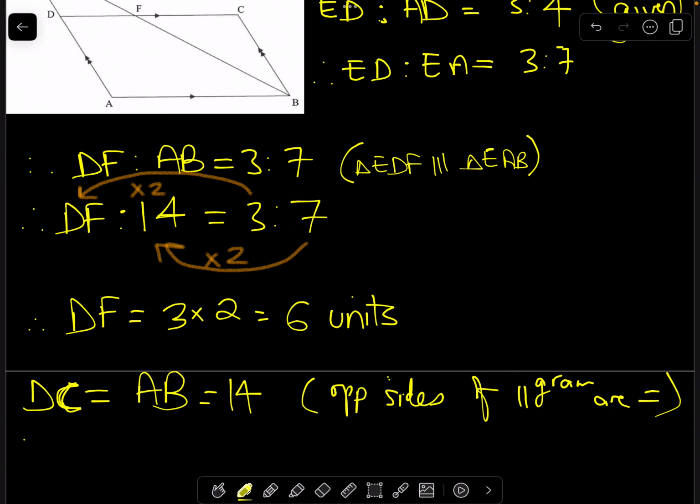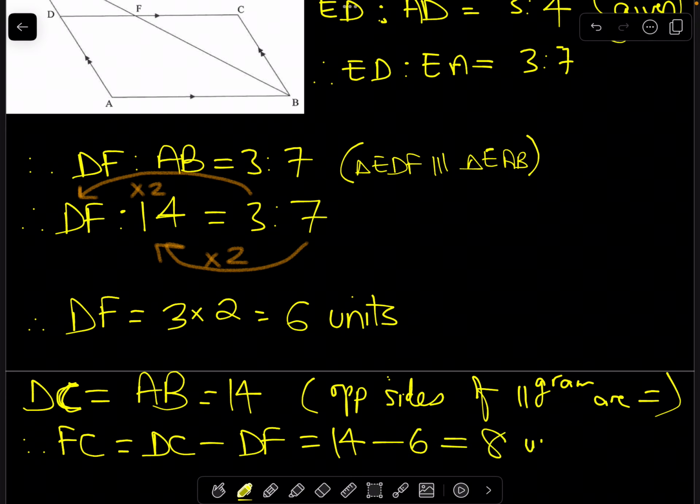So therefore FC will be equal to DC minus DF, which is 14 minus DF, which we found to be 6, which is 8 units. Okay, yes, now it is complete.